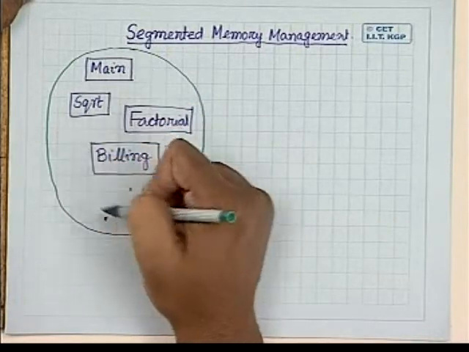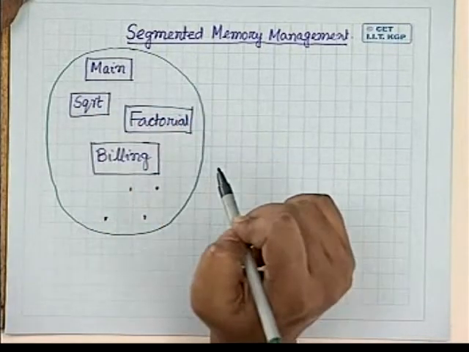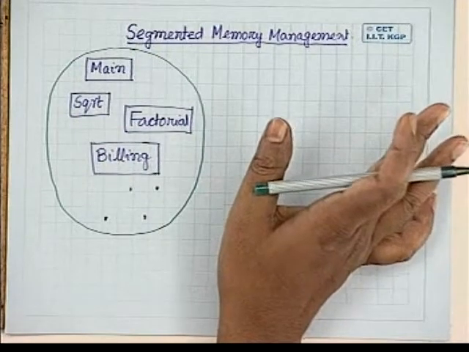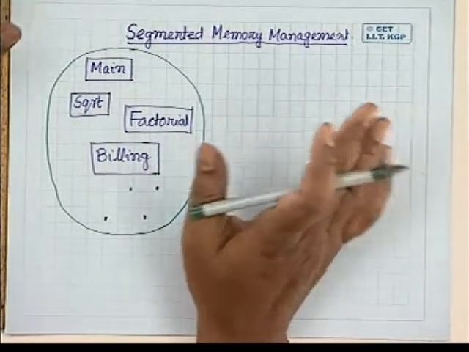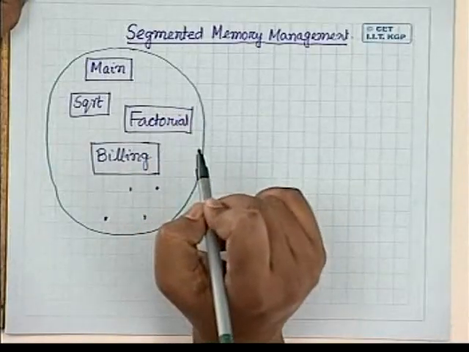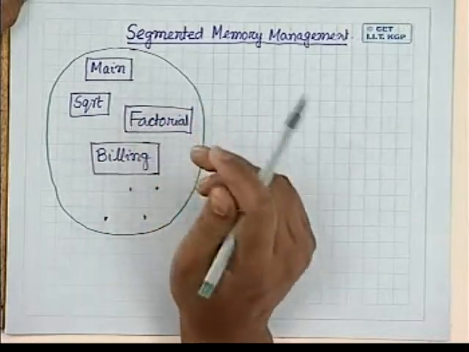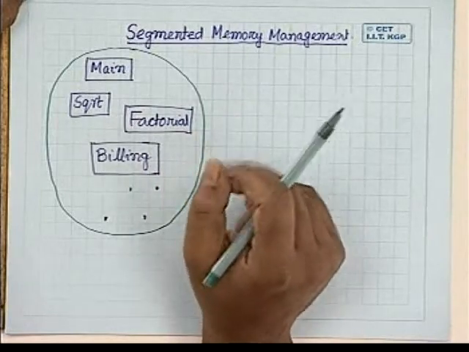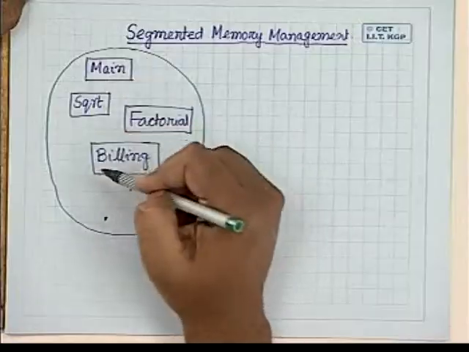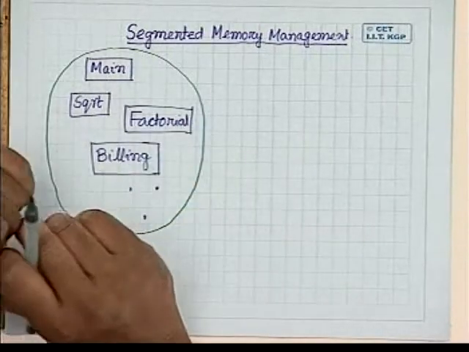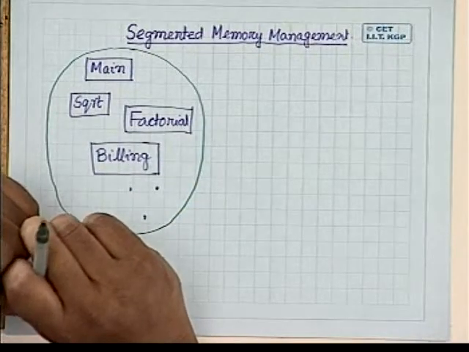So effectively what we are doing is, we are breaking this logical address space into a number of segments. So unlike in the previous case, where we call them pages, where pages are of same size, in case of this segmented memory management, we break the program into a number of segments, where the segments can be of different size. Okay.